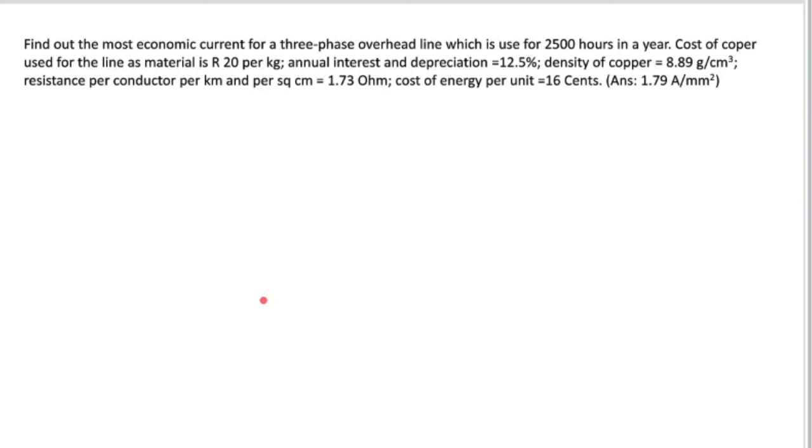Cost of copper used for the line as material is 20 rand per kg. Annual interest and depreciation is 12.5%. Density of copper is 8.89, and resistance per conductor per kilometer per square centimeter is given as 1.73 ohm. Cost of energy per unit is 16 cents. So we have to find out the most economic current density.